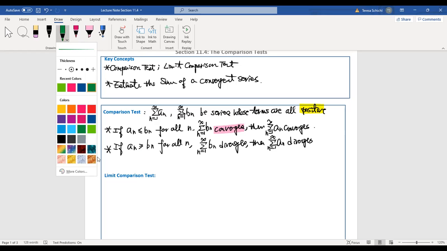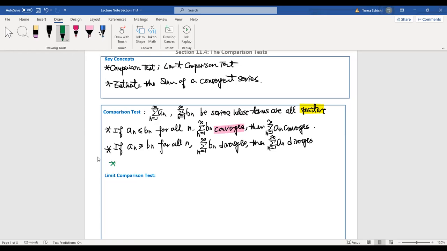For example, we can compare to the geometric series. We know geometric series convergence or divergence depends on the ratio r. If the ratio r is less than 1, then the geometric series converges. So this is a known series we can compare to.